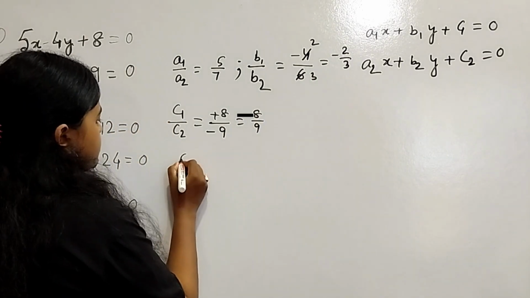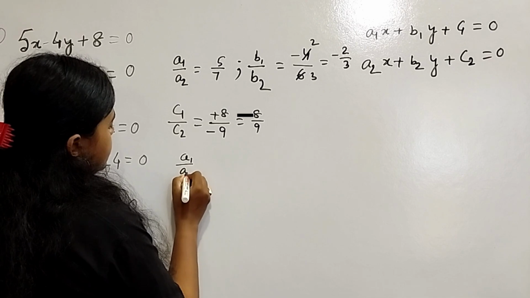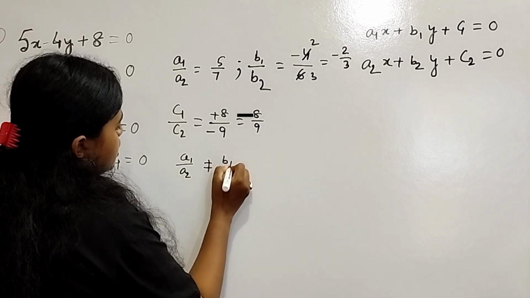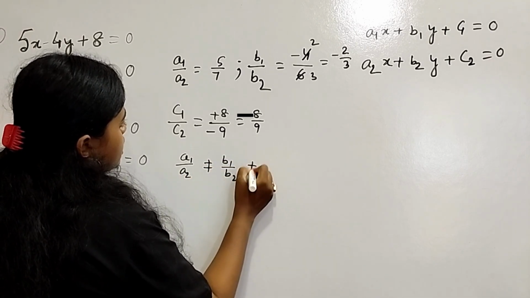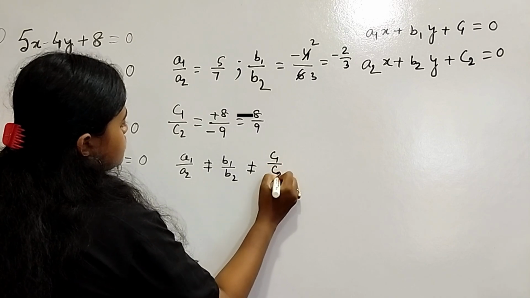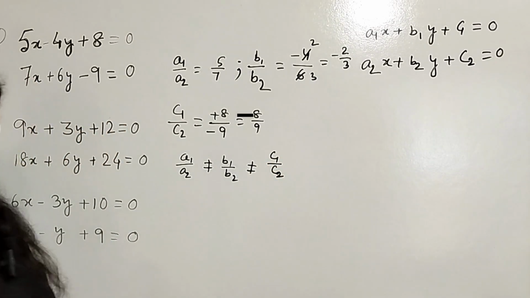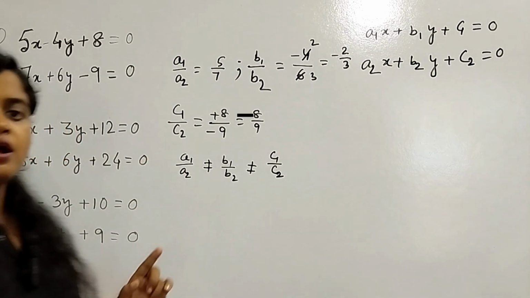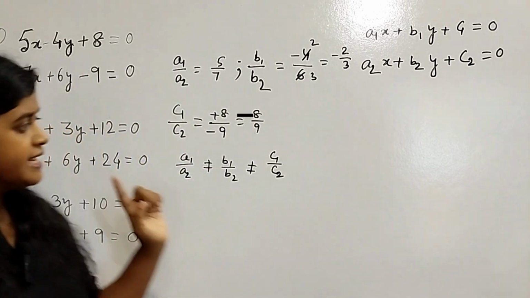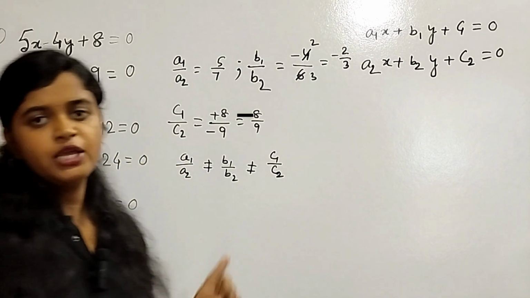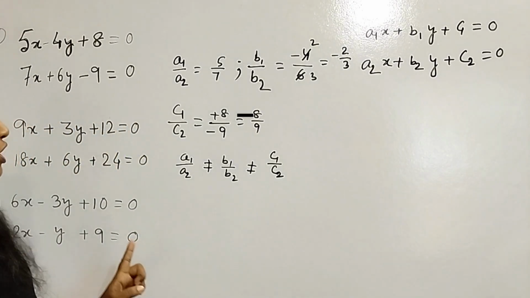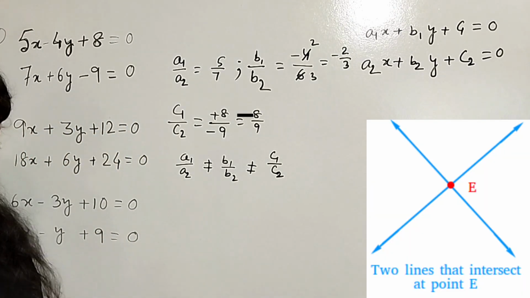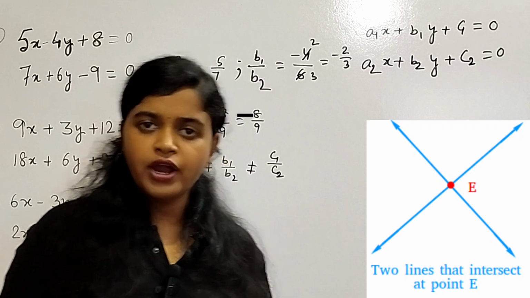So that means we are getting A1 by A2 not equal to B1 by B2 and not equal to C1 by C2. Following this condition, this pair of linear equations has only one solution, that is, intersecting at a point, a unique solution. It has a unique solution and the graphical representation is lines intersecting at a point.